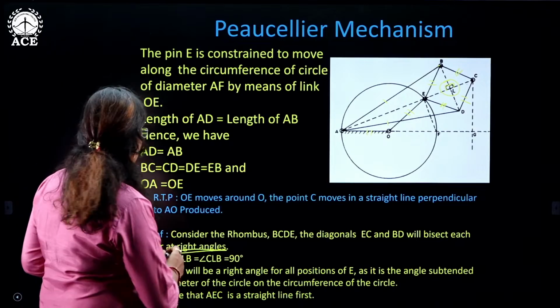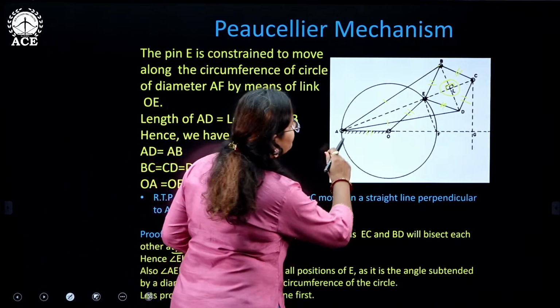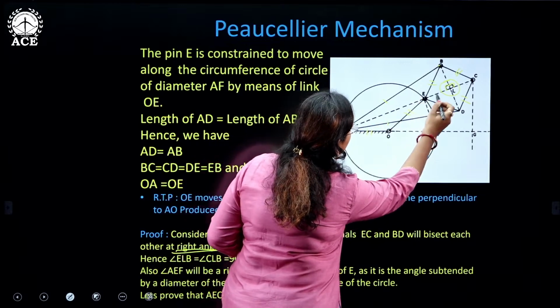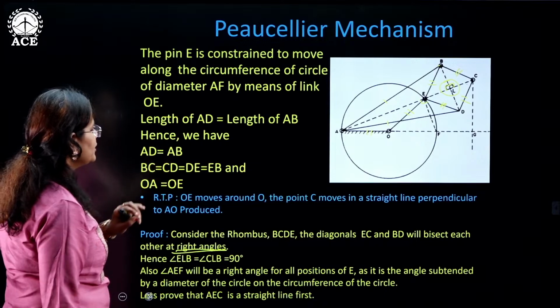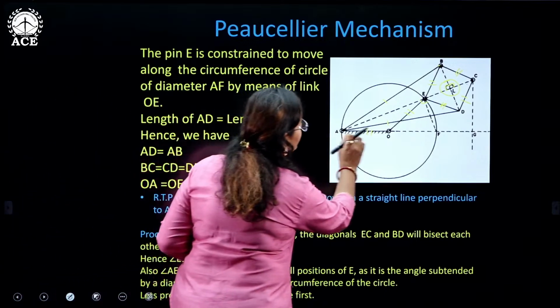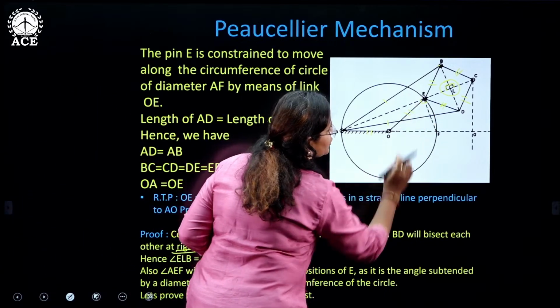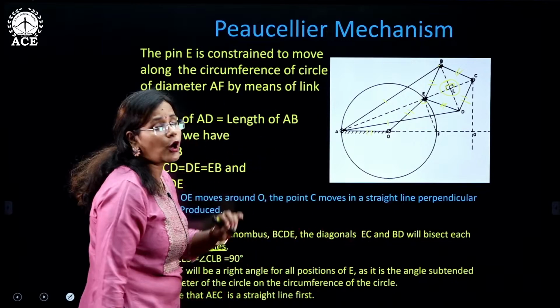So when AEF is at right angles, and for all positions, as it is the angle subtended by the diameter on the circumference, it is also making 90 degrees. This is the property of a circle.